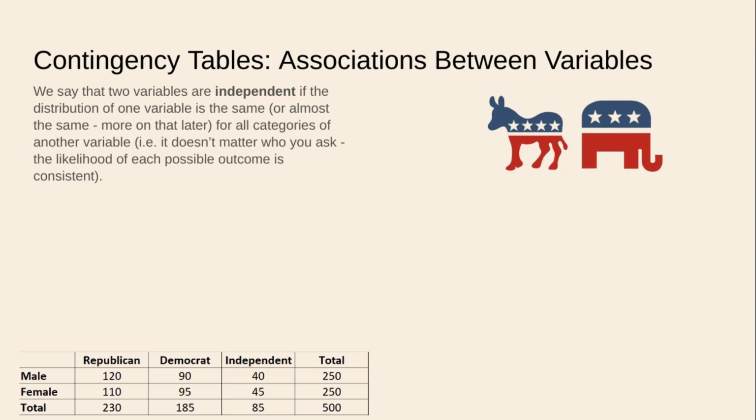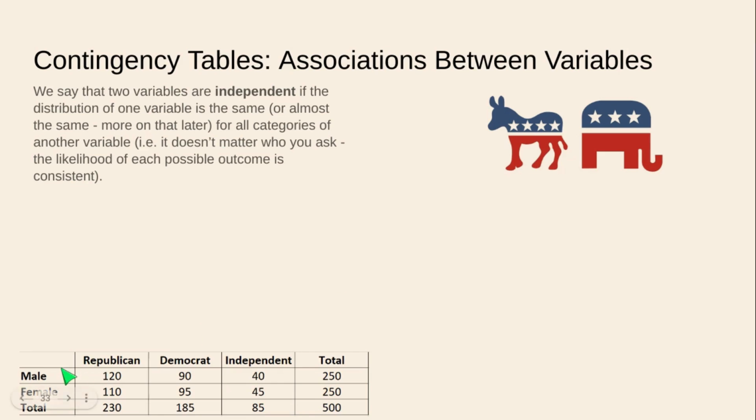All right. For all categories of another variable. So independence means that the distribution of one variable is the same or technically almost the same for all categories of another variable. In other words, it doesn't matter who you ask, the likelihood of each possible outcome is consistent.